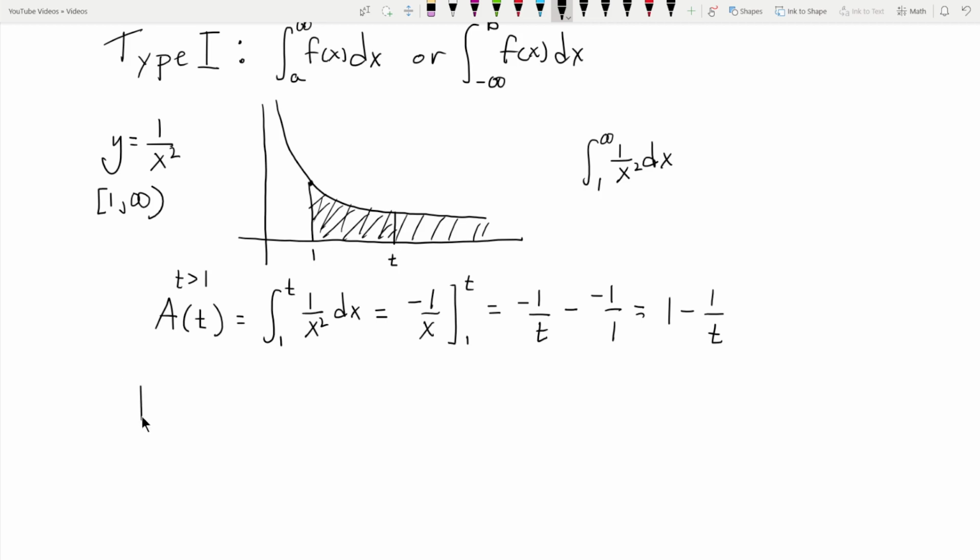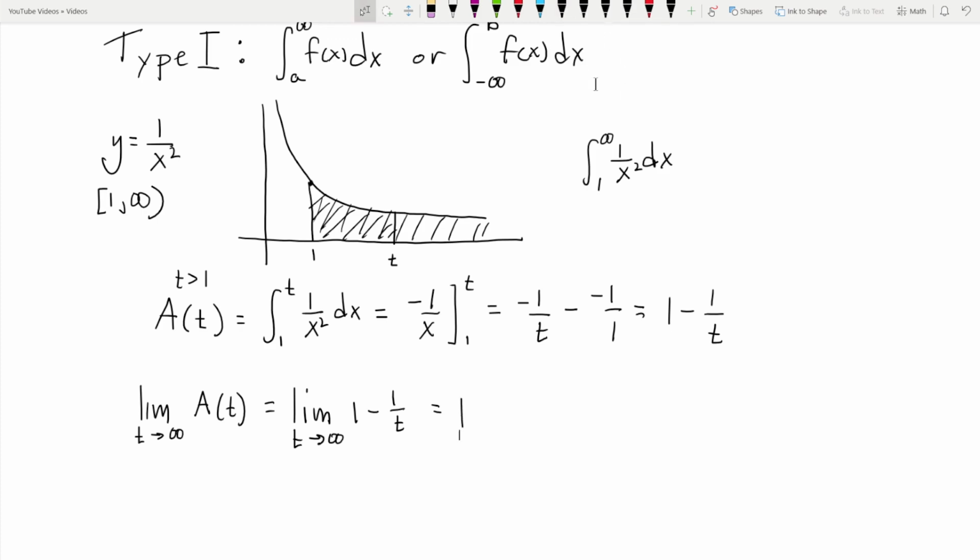So now I can take the limit as t goes to infinity of A of t, which is going to be the limit as t goes to infinity of 1 minus 1 over t. And we know, even just from Calc 1, that as t goes to infinity, 1 over t goes to 0. So this limit is equal to 1.